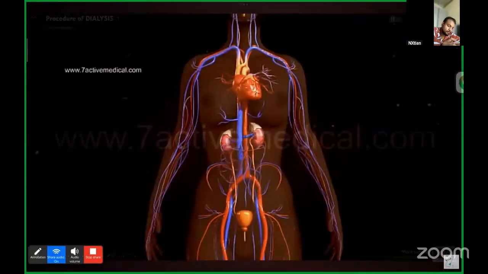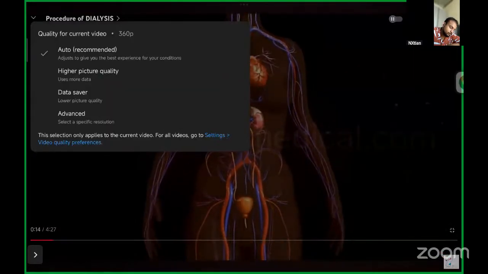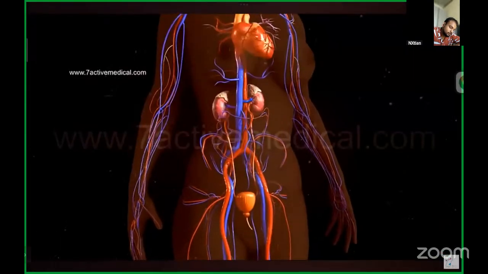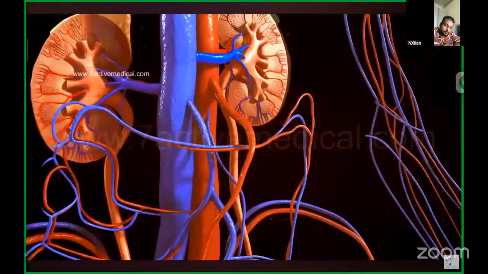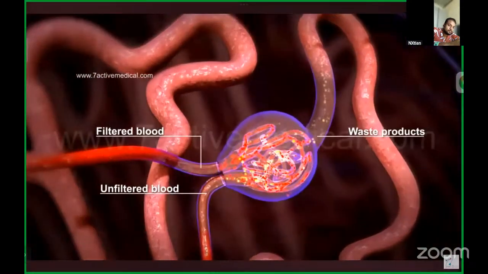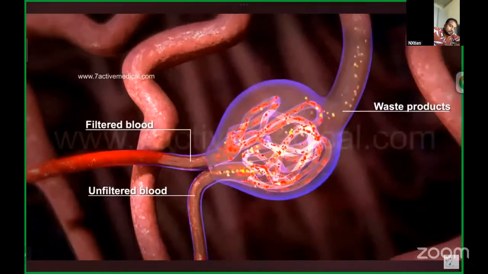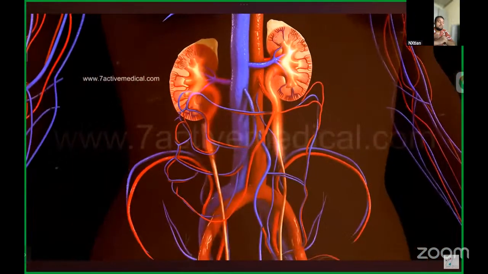This is a process through which waste products are artificially removed from the blood to compensate for the presence of an abnormally functioning kidney. In a healthy kidney, waste products, excess fluids, and electrolytes such as sodium and potassium are removed from the body in the form of urine.